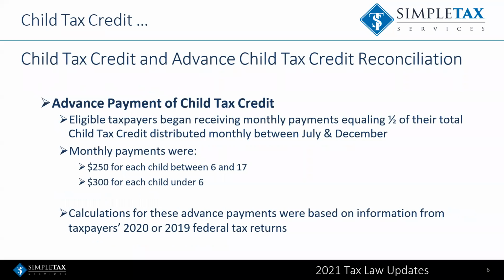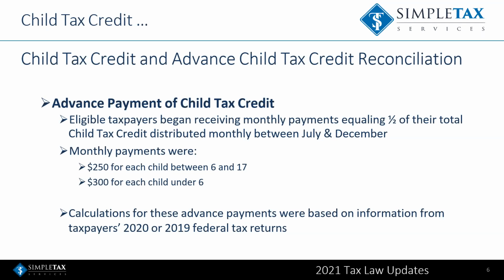Now, we all know that the IRS started distributing payments monthly in July. So July through December, they were sending eligible taxpayers monthly payments as an advance on their child tax credit. The monthly payments were $250 for each child between 6 and 17, and $300 for each child under 6.